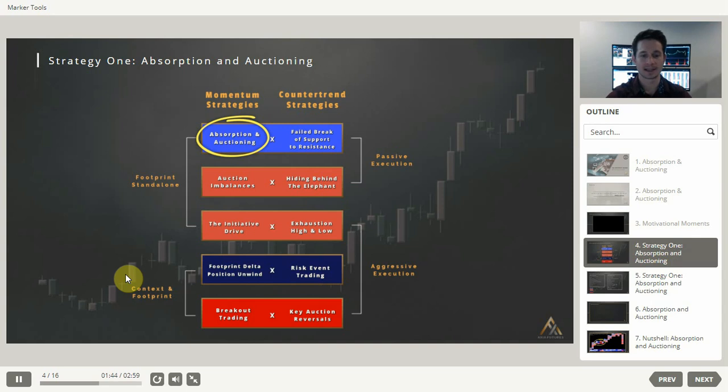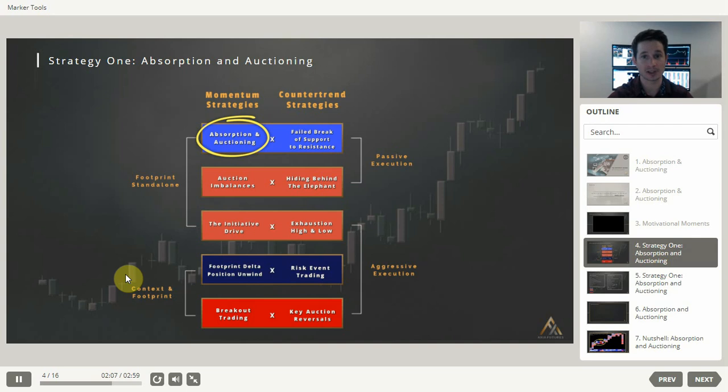As you can see, this strategy we're going to focus on is absorption and auctioning. First and foremost, it is a momentum strategy. So I've broken up the two columns into momentum and counter trend. Obviously, some of you prefer momentum strategies, some of you prefer counter trend. Now, what you are going to find is that some of the strategies might not suit your style, and that's fine.